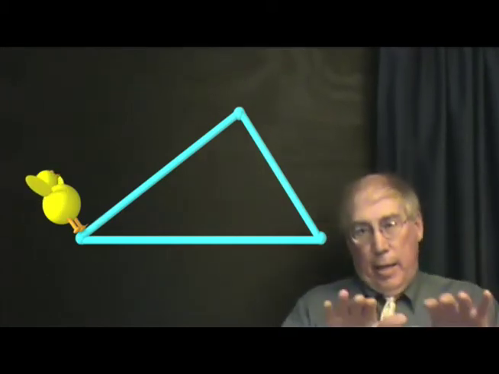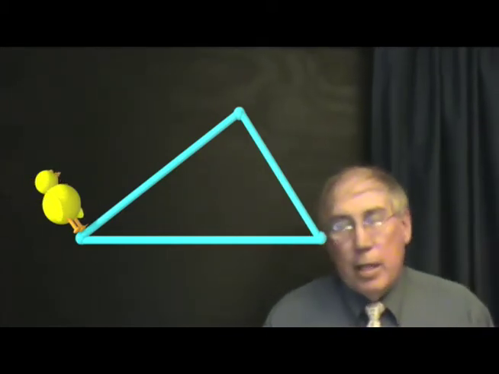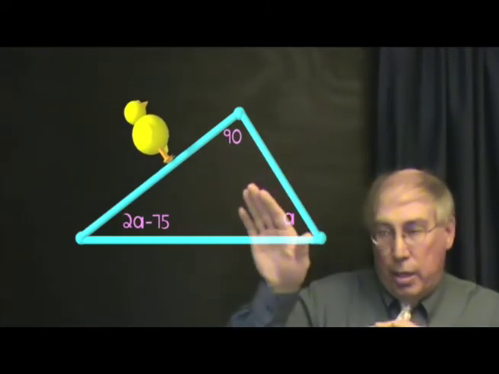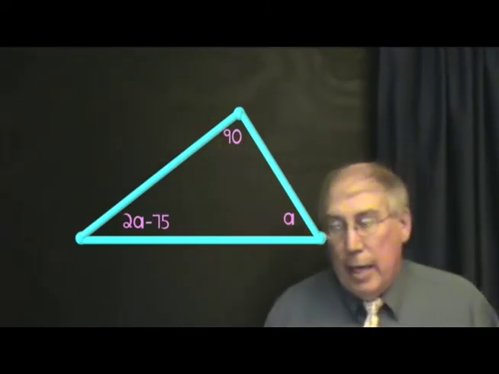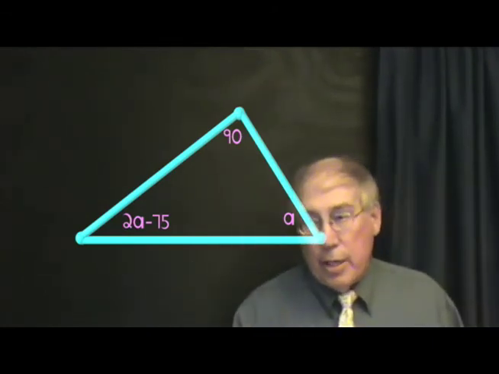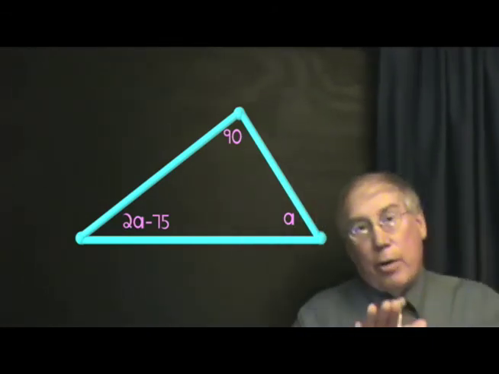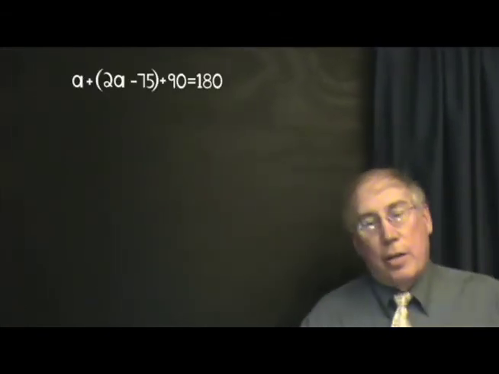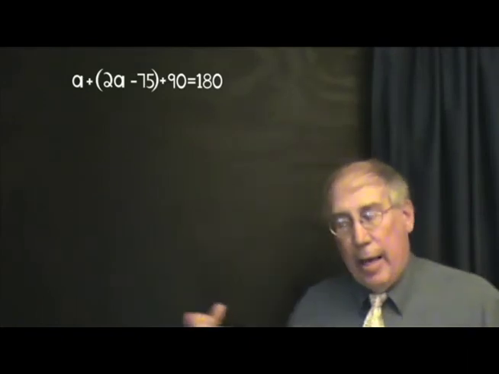Now here's another triangle type problem. This bird is going on a certain trajectory, a certain angle of takeoff. And let's say that one of the angles is A and another angle is 90 degrees, but the actual takeoff angle is 75 less than twice the other angle, the A angle.